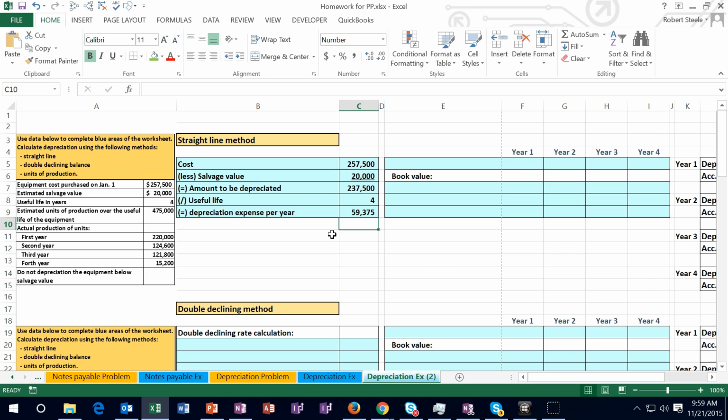But let's put this into context in terms of what happens over those 4 years. If we look at the depreciation, we know that it's easy, it's just the same. I'm going to say this equals, for each year, the 59,375. That's why it's straight line, because it's an even amount each year.